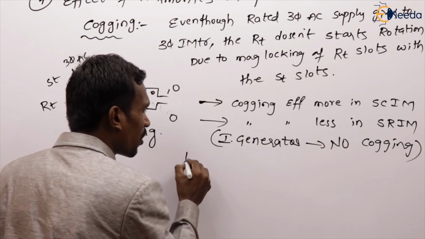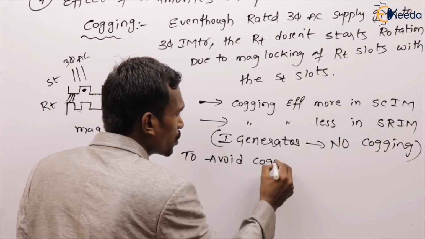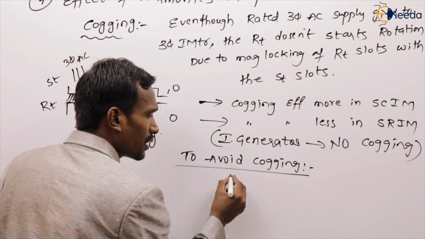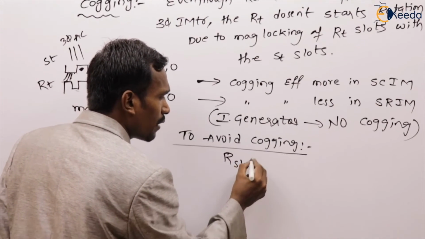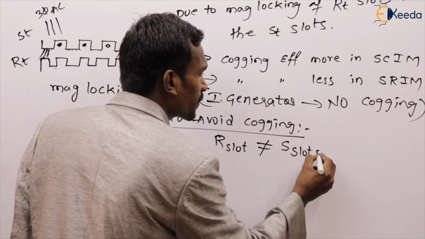So to avoid cogging, first, the rotor number of slots should not be equal to the stator number of slots.